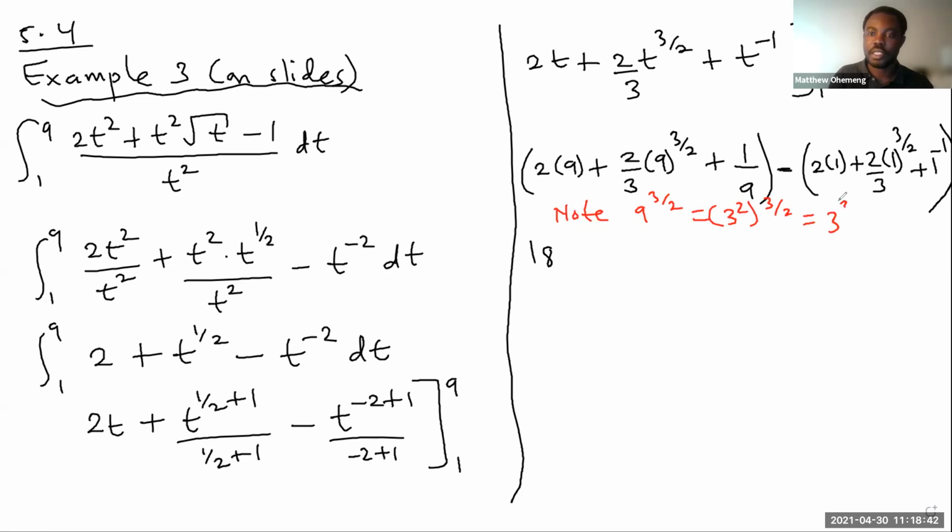So that will be 3 to the 3, and 3 to the 3 is 27, right? So we get 18 plus 2 over 3 times 27, and then plus 1 over 9, and then minus. For this, 2 times 1 is 2, and then 2 over 3, and then 1 to the 3 over 2. That's minus 2 over 3, and then we have minus 1.